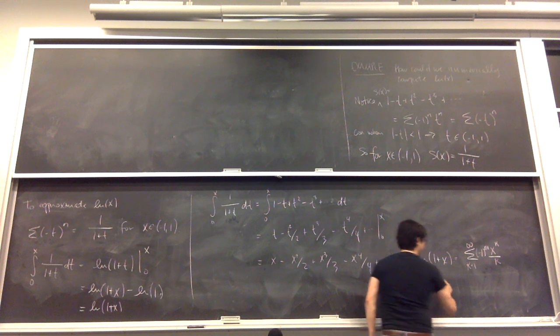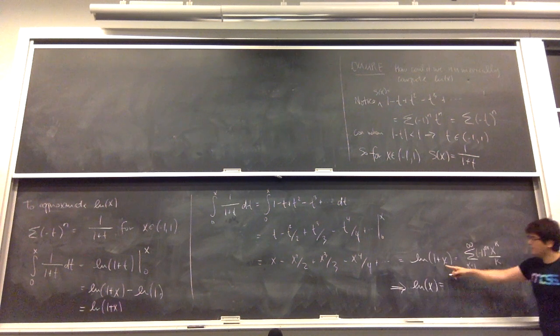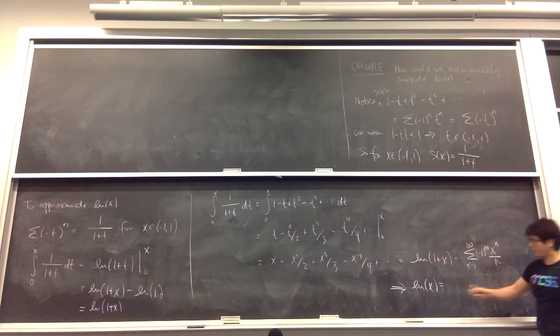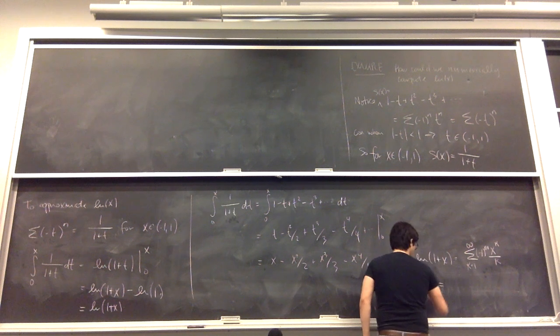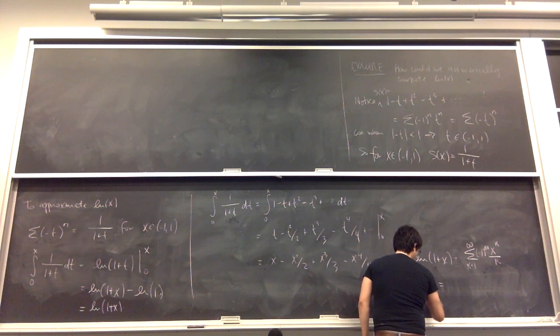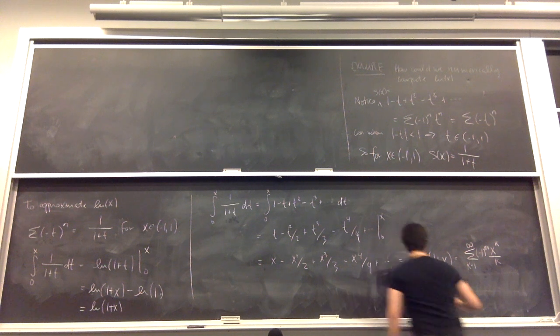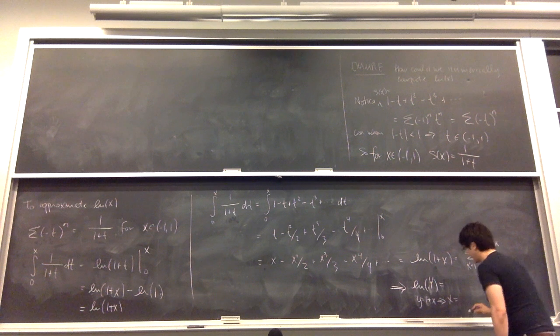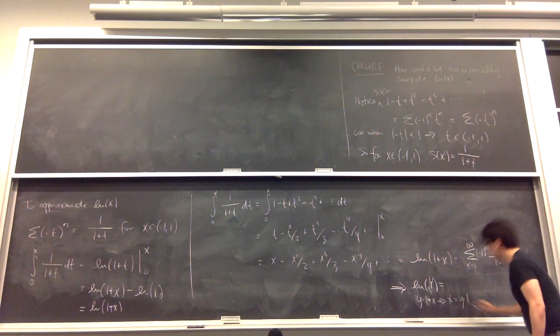Which means ln of x is equal to, I just have to substitute, okay, well I'll put a y in here just to not confuse everyone. I'm going to take x and I'm going to substitute y is equal to 1 plus x, which means that x gets y minus 1.